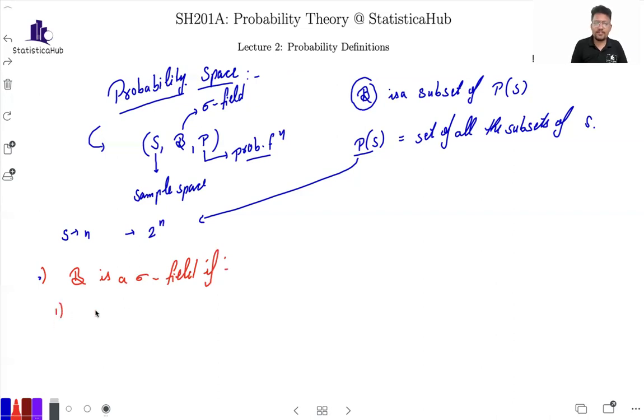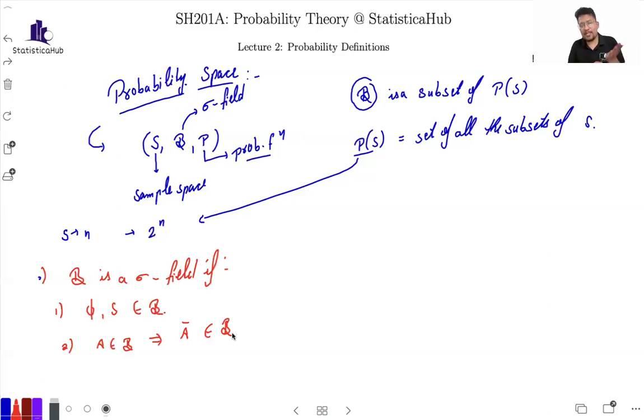The first condition is that phi and S must belong to B. The null set and the complete sample space must be part of this subset for it to be considered the sigma field. The second: if A belongs to B, this implies A complement must belong to B. I hope you remember the meaning of complementary events.